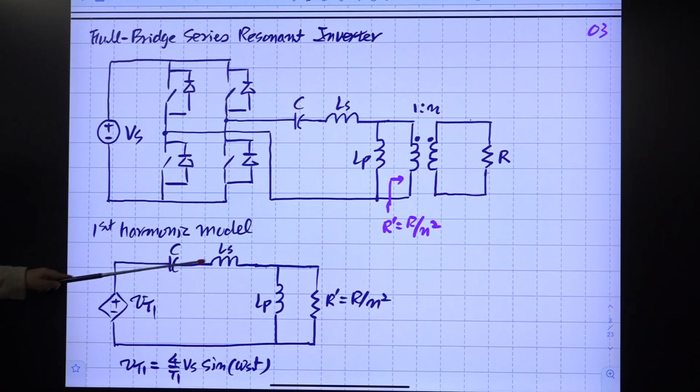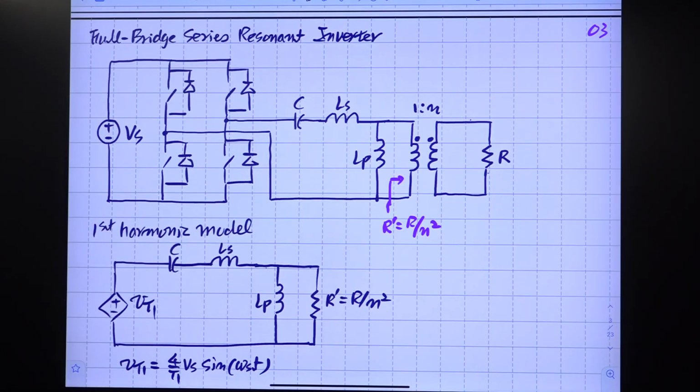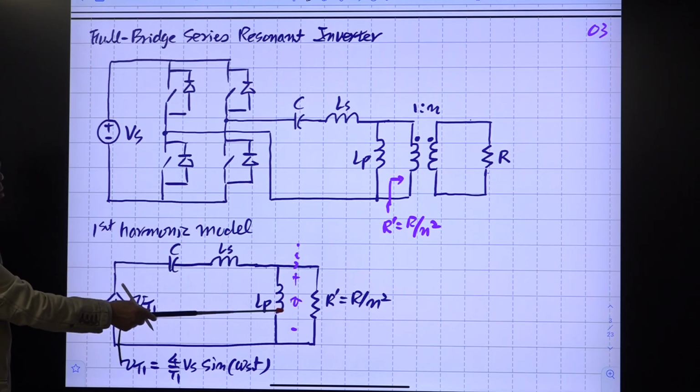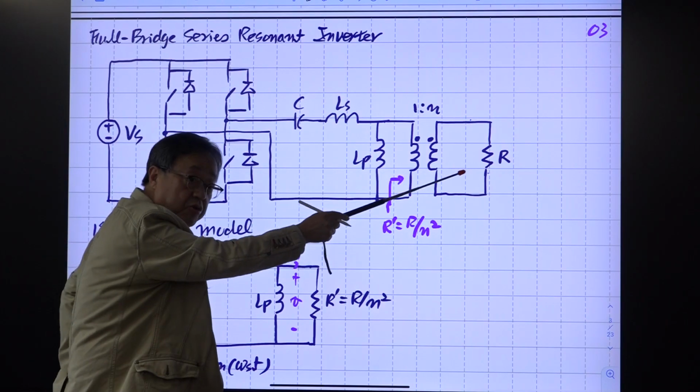So we have Cs, series inductor Ls, parallel inductor Lp, and R prime, which is the reflected version of the real load resistance R. And sometimes we use I here. Okay, this is the current. This current and this voltage will be different from the current and voltage measured here.